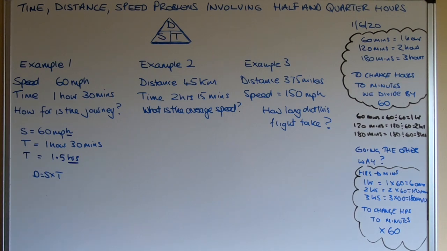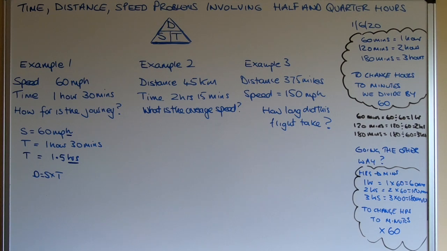Now on the right of the board there, I've looked at another way that we could do it. If you were asked to change 60 minutes into hours, I think you would know that that is 1 hour. And if I said to you, how did you do that? You would divide 60 by 60. Why are you dividing by 60? Because there's 60 minutes in 1 hour. 120 minutes changed into hours, 120 divided by 60, 2 hours. 180 minutes, 180 divided by 60 is 3, so 3 hours.